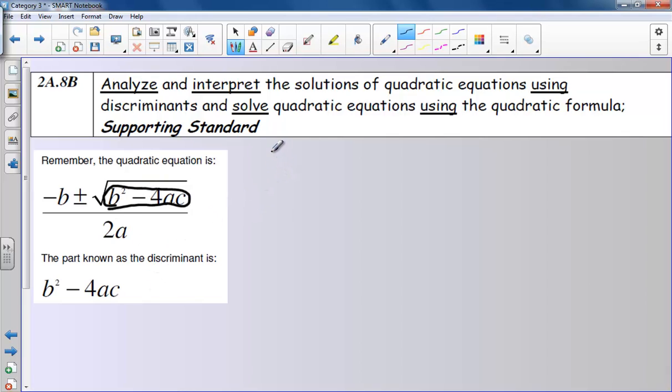So things you need to remember about the discriminant. So if I put in my a, b, c and my discriminant turns out to be a positive number, okay, if it's positive, then I have two real roots.